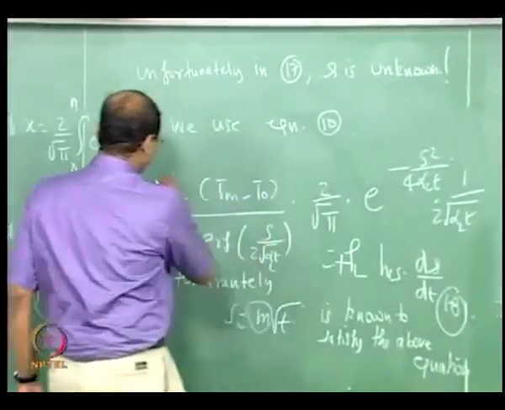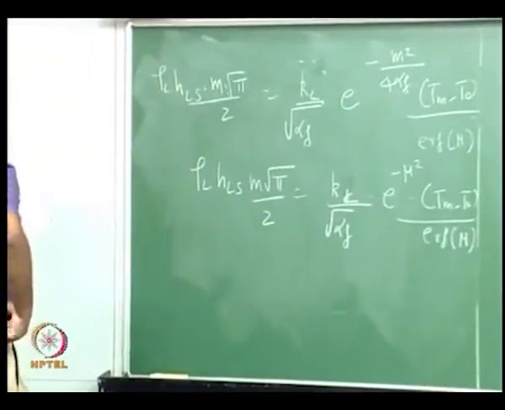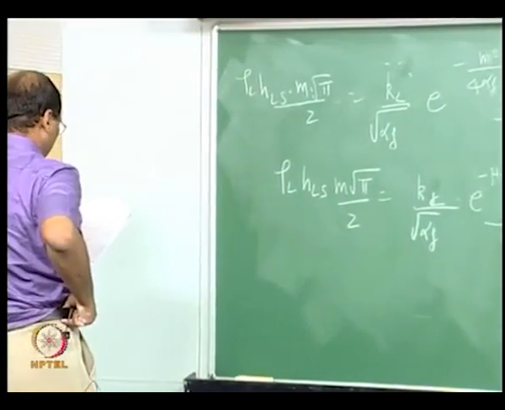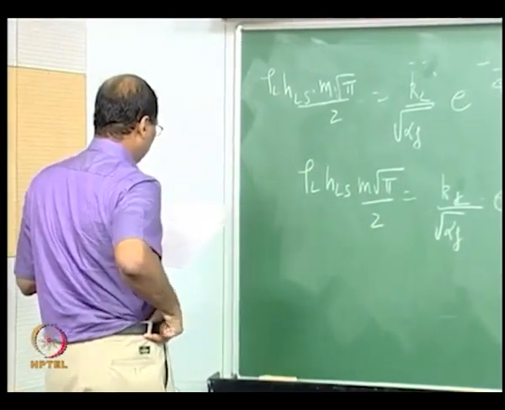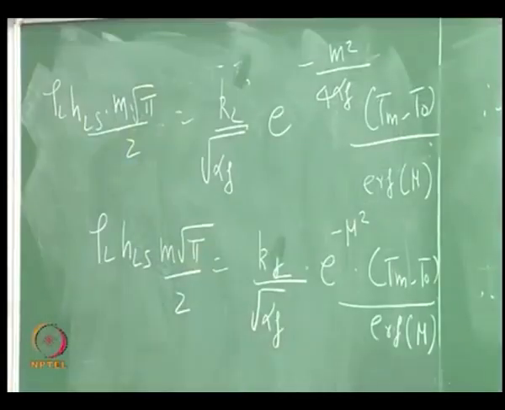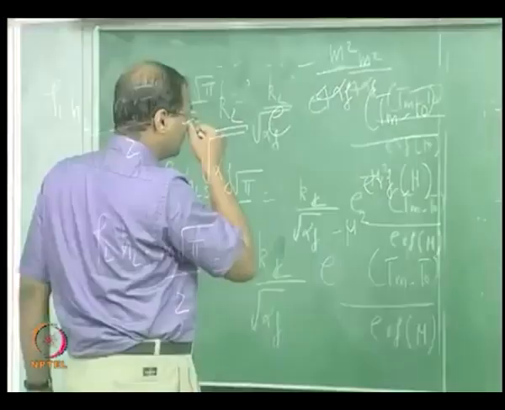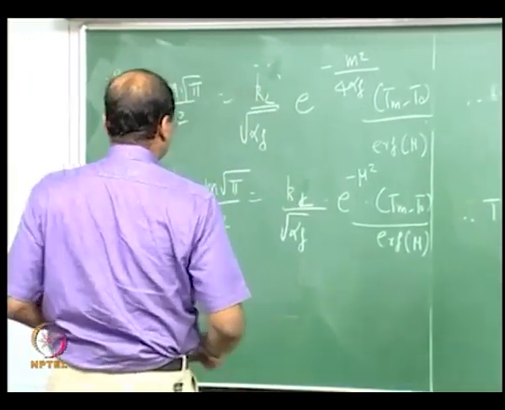No? Forget the minus. Okay. So there is a root alpha. So the 2 is still there. 2 is there or? 2 is there. Okay, let it be there.